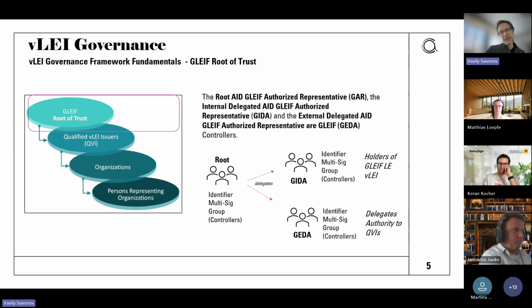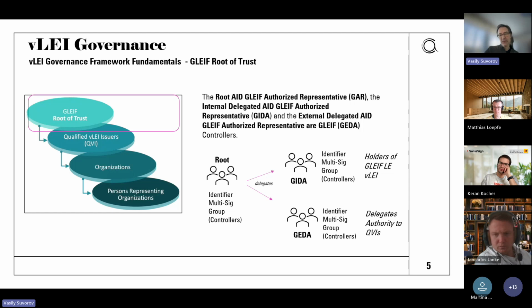And the goal of these two things, and we'll see them in practice, is that the GIDA AID, or autonomous identifier, is basically for the controllers that act on behalf of GLEIF as an organization to issue credentials to, for example, qualified verifiable issuers, QVIs, and GEDA is the other way around. Actually, the GEDA is the external one that's used to sign the credentials for QVIs.